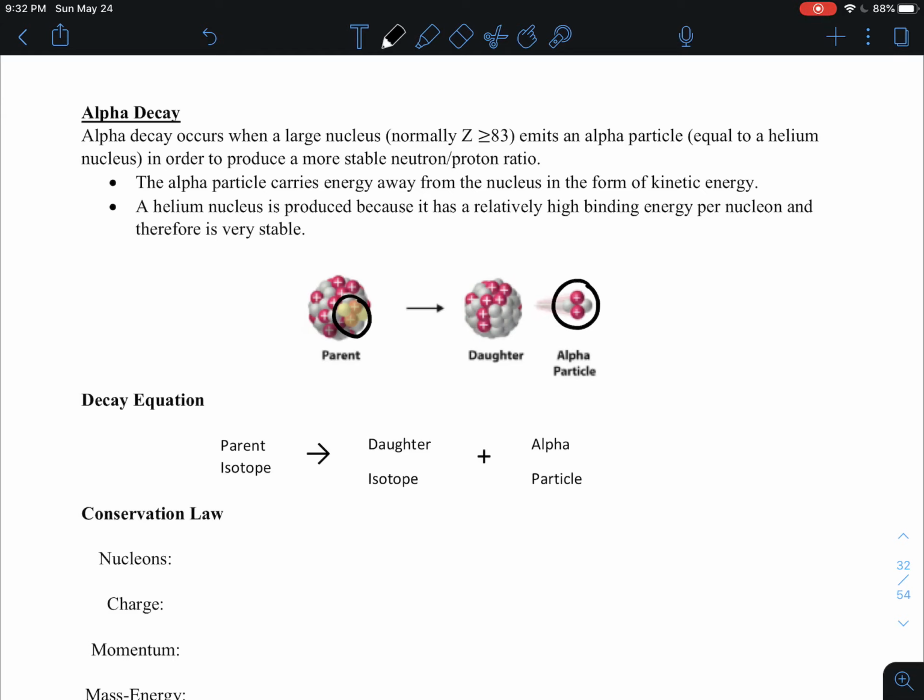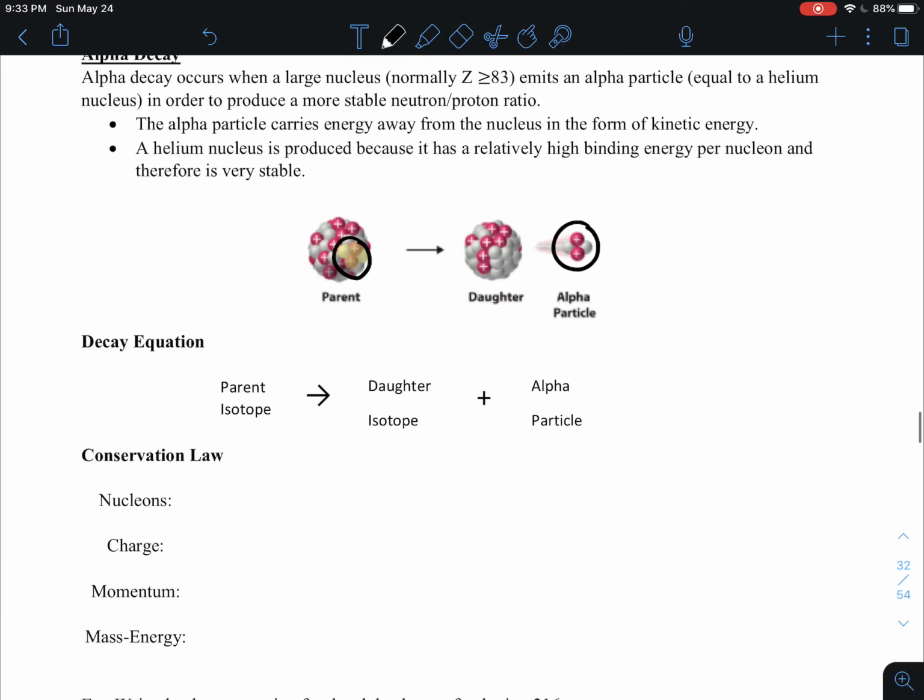So we're just going to take a look at this and see how this would work out. Maybe we can try a quick example of an alpha decay with real numbers. Let's say 226 nucleons and 88, and this ends up being radium.